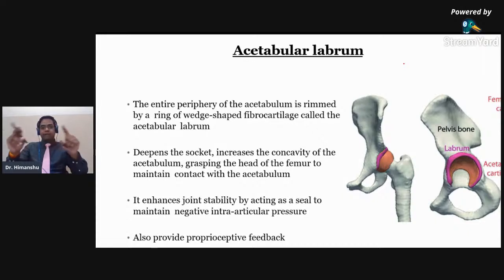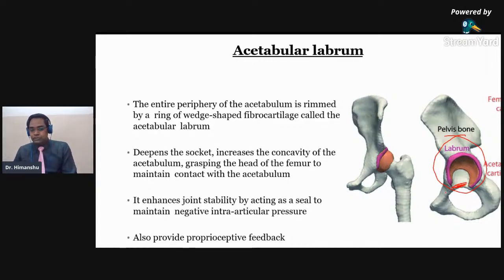It is ring shaped and covers most of the acetabular rim, although not the complete rim, as you can see in the picture, where this particular area is still left. This allows the entry of the base of the head of the femur and the start of the neck of the femur.